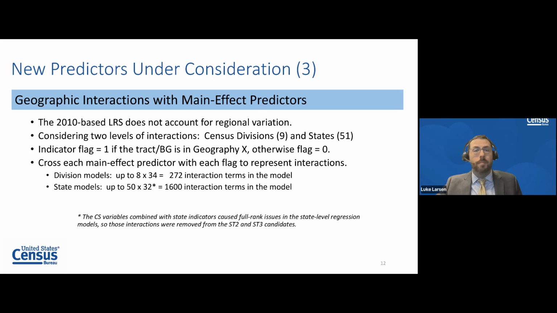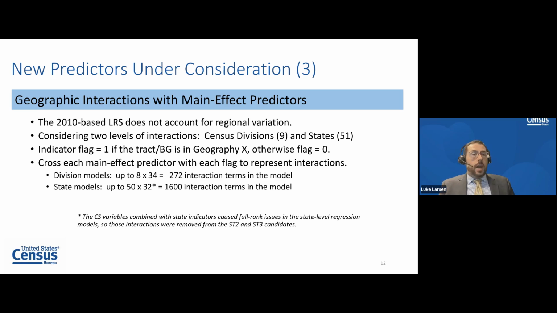later this year. And then the third flavor of predictors under consideration is we want to look at the impact of regional variation on the low response score. And to do this, we are considering 2 different levels of interactions, either census divisions, of which there are 9, and then the US states plus DC, which would be 51 geographies.